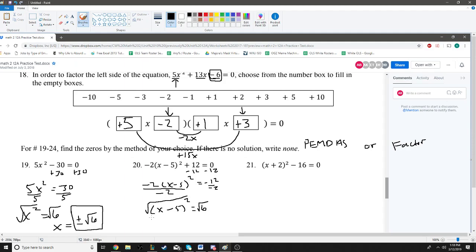Square root both sides to get x minus 5 equals plus or minus the square root of 6. Then we need to add 5 to both sides to get as a final answer x equals positive 5 plus or minus the square root of 6.